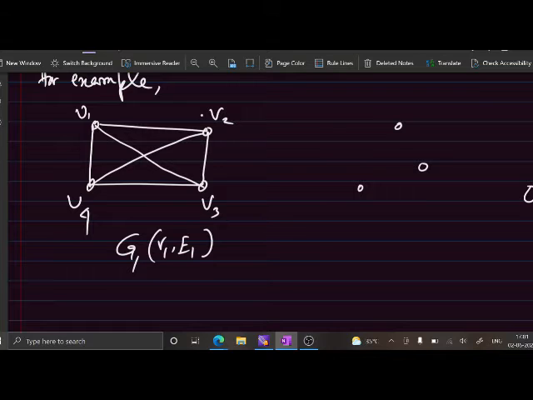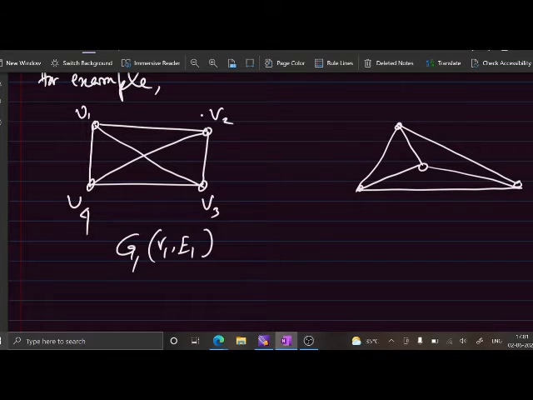Okay, so these are 2 graphs. So this is your G2, V2, E2. Okay, so now we are going to set up a 1-1 correspondence between these 2 graphs.